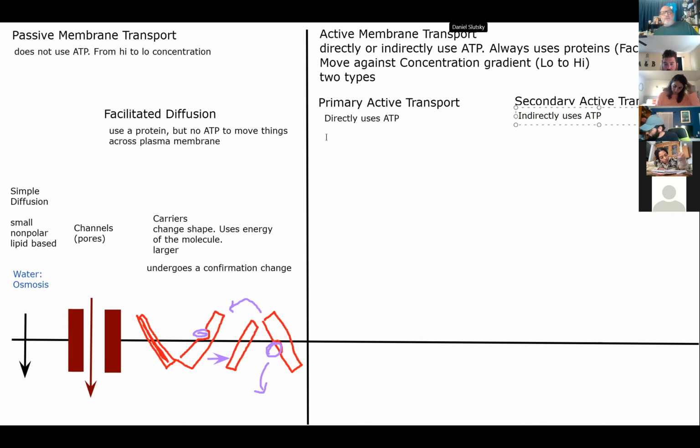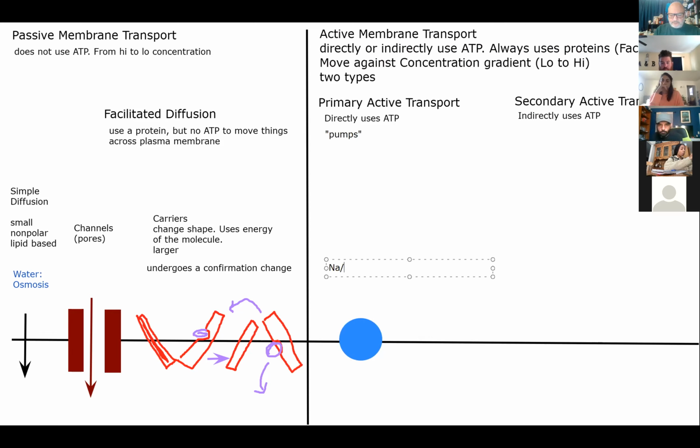Our primary active transporters, these are things that we typically think of as our pumps. They use ATP directly to move a molecule. We've already talked about one of these, right? The one we talked about already was the sodium-potassium ATPase, or again, what we call the sodium-potassium pump.